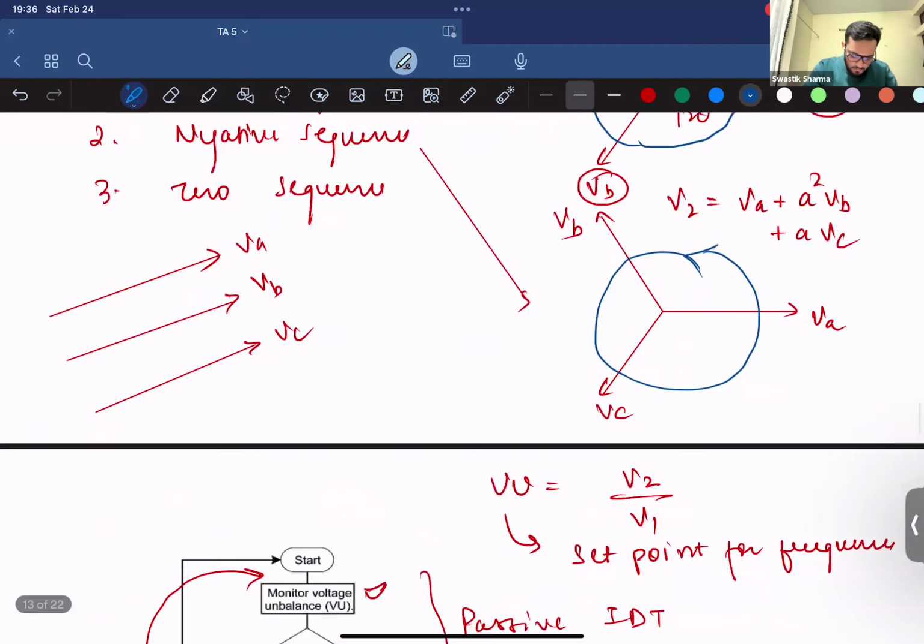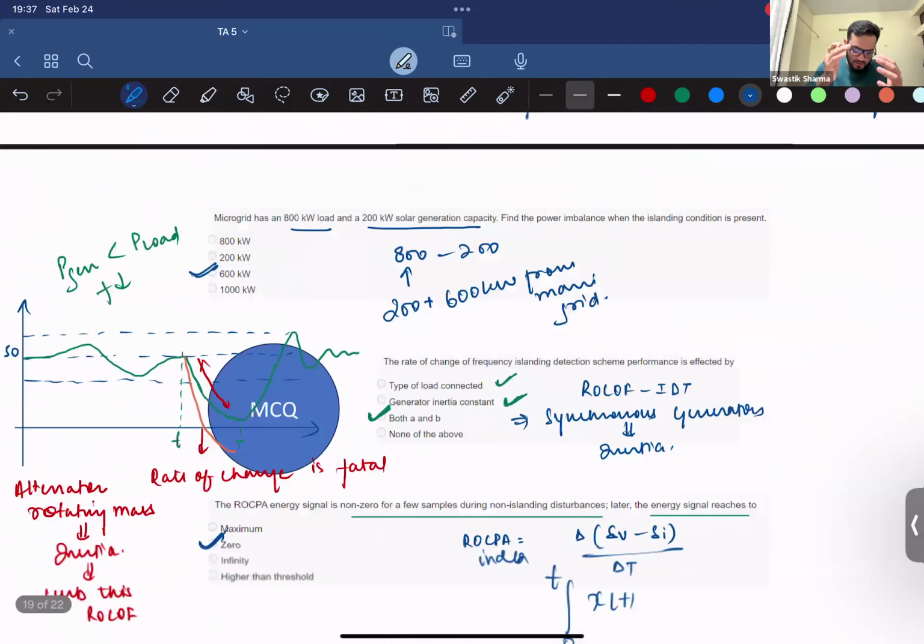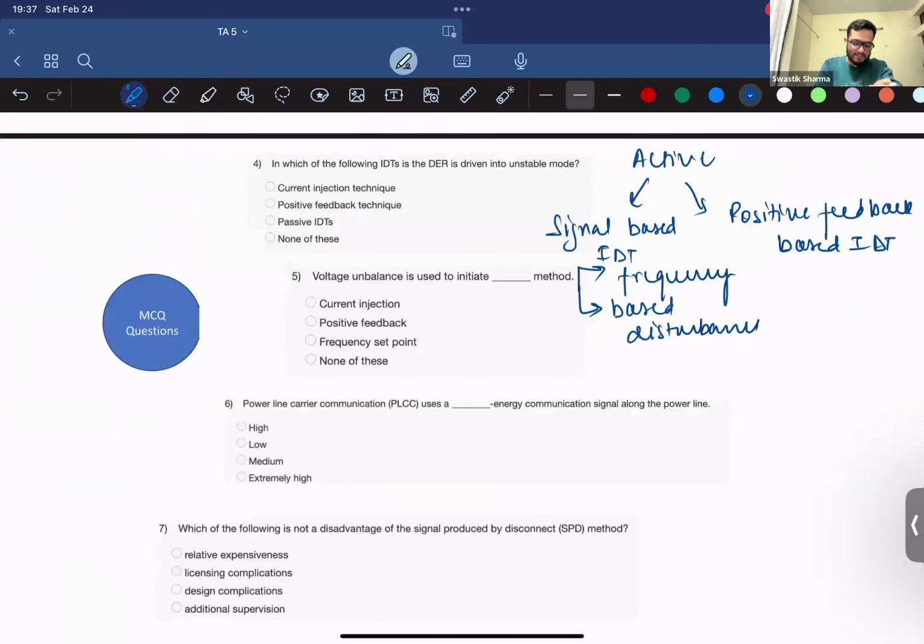So now, which of the following IDTs is the DR driven to an unstable mode? Positive feedback technique. Yes, because in the current injection or the signal-based injection technique, your disturbance was being passed on to the load. It wasn't being kept to your DER, right?